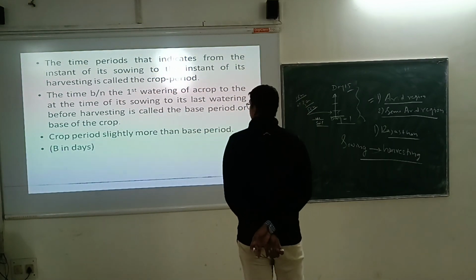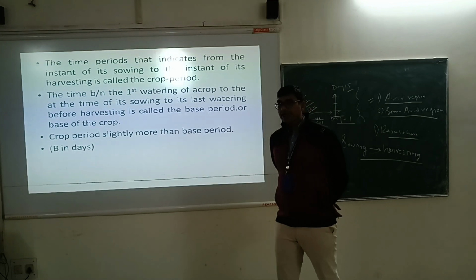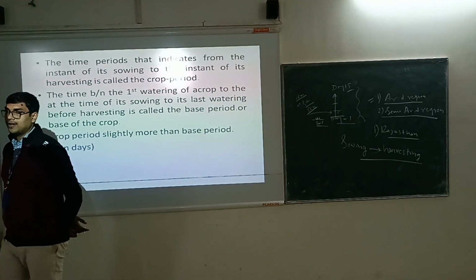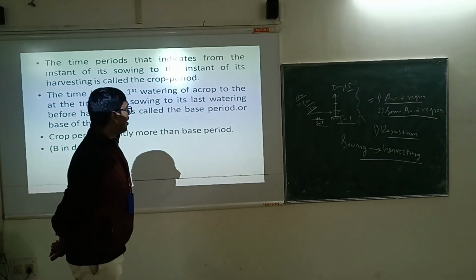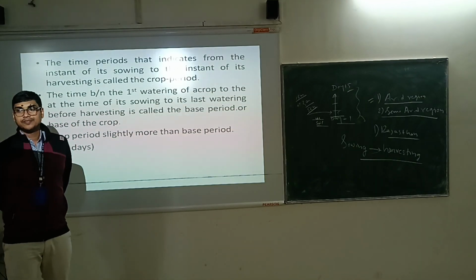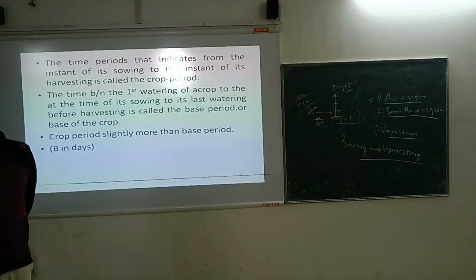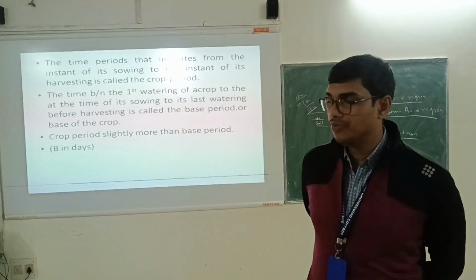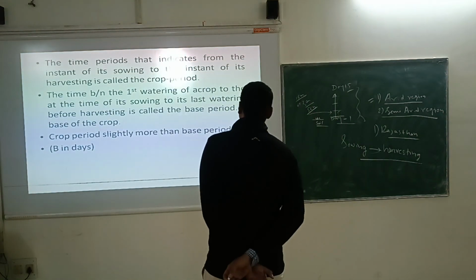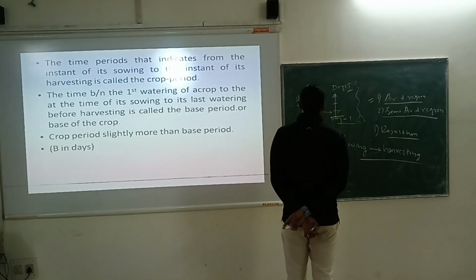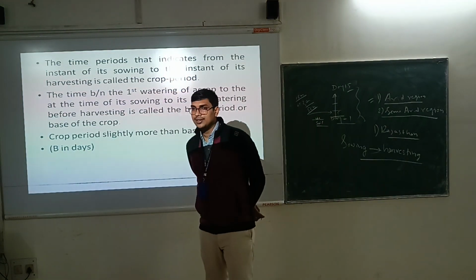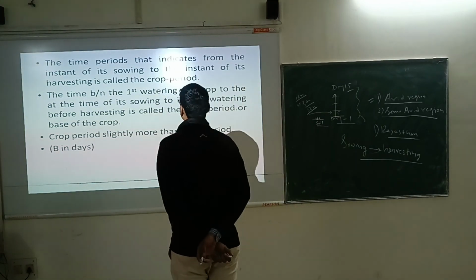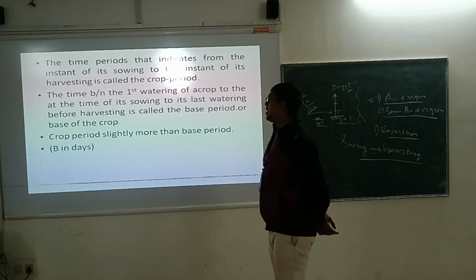Second point, the time between the first watering of a crop to the last watering of a crop, before the harvesting, is called the base period.